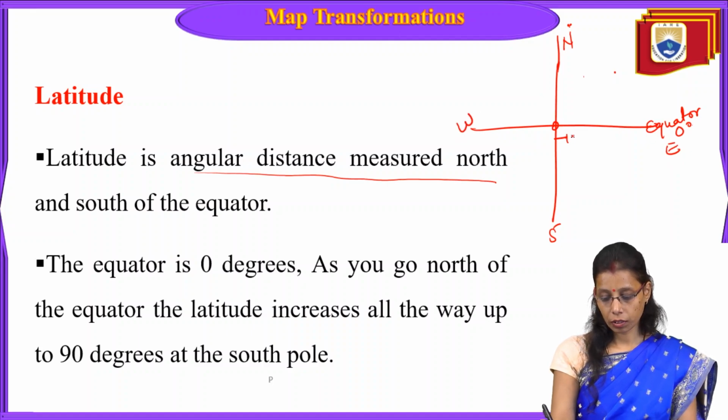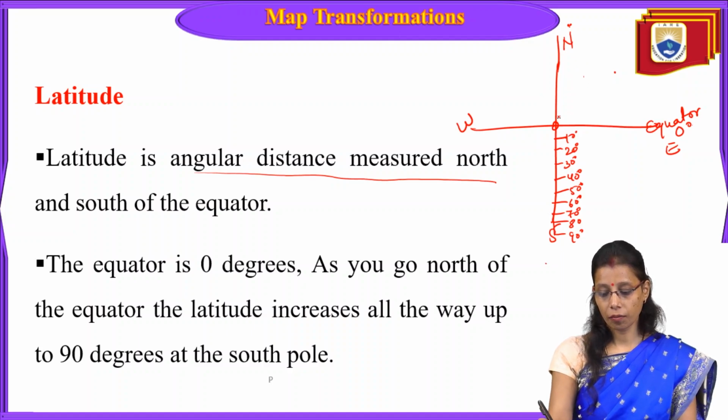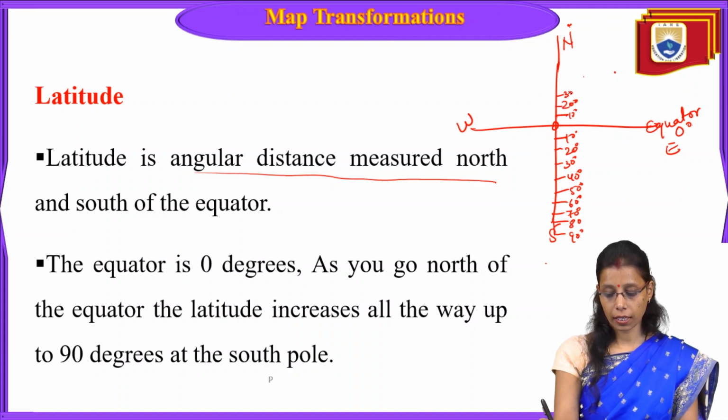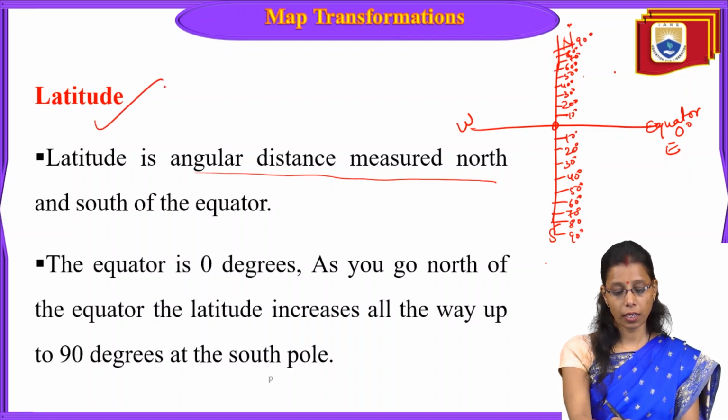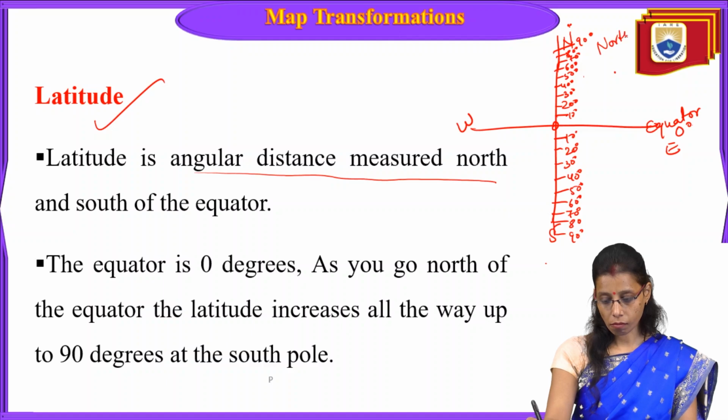Here 0, 10, 20, 30, 40, 50, 60, 70, 80 and 90 degrees, so 90 degrees south from the equator. And 90 degrees north from the equator: 10, 20, 30, up to 90 degrees north. North and south is called latitude. This is the north pole, and this is the south pole.